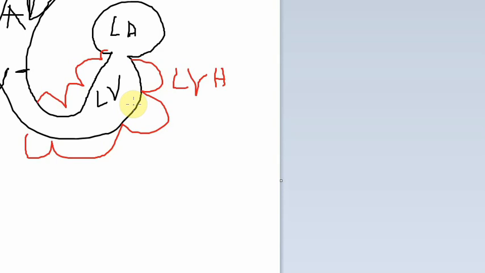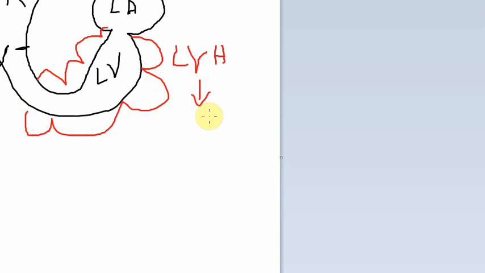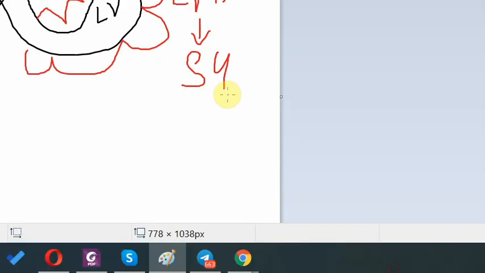You can imagine if the wall of the heart becomes so thick, it will have less elasticity, which will lead basically to something called an S4. An S4 is when the ventricle tries to push against a really high afterload, and itself becomes kind of stiffened, and this stiffness of the left ventricle leads to the creation of S4.